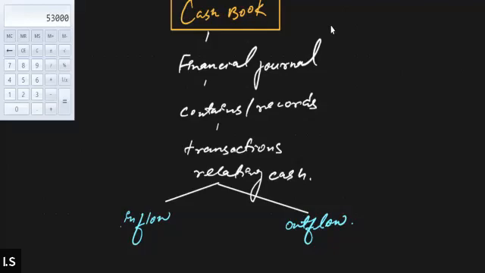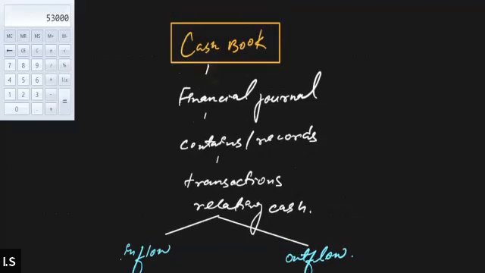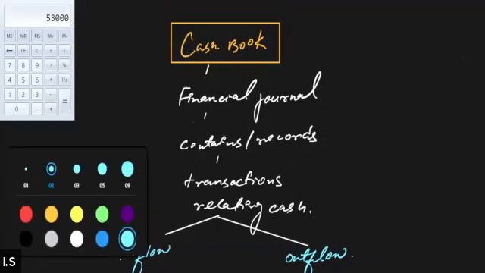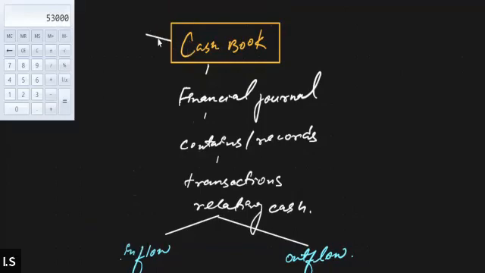This is it. Now we have two types of cash book. One is called the single column cash book, and then we have the double column cash book. You don't have to write anything down as of now. Just understand everything, and then I'll give you separate time for writing this down.